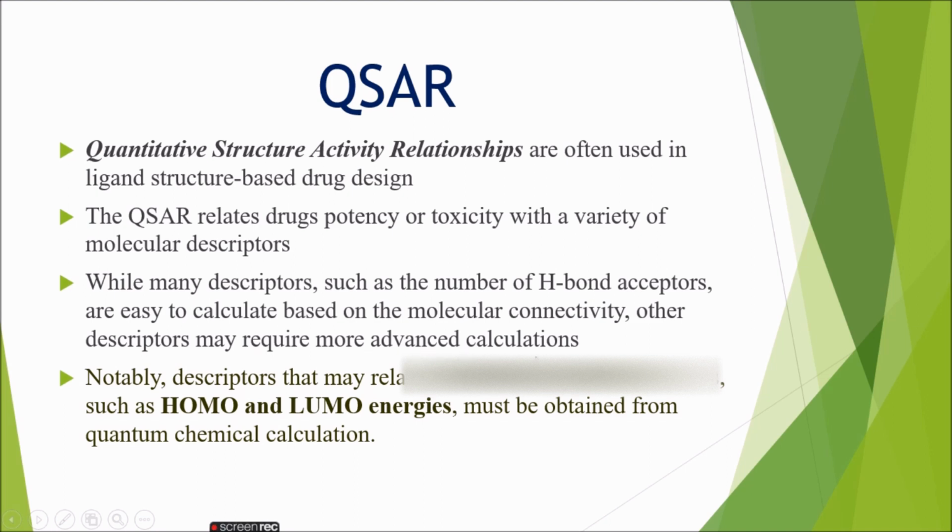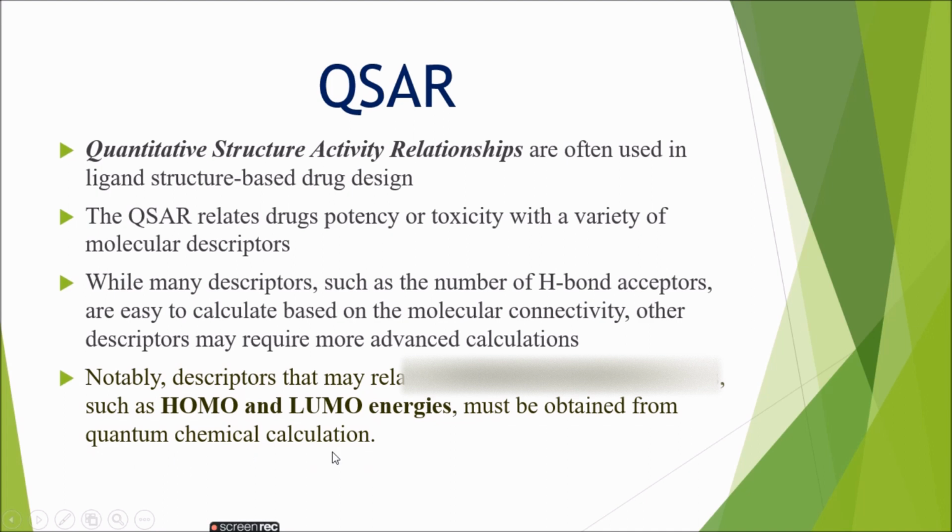You cannot use a pen and paper to do this. You need the help of quantum mechanics. One such descriptor is your HOMO LUMO energies, which relate to the chemical reactivity of the drugs. The descriptors that relate to the chemical reactivity of drugs, such as HOMO and LUMO energies, must be obtained from quantum chemical calculations.